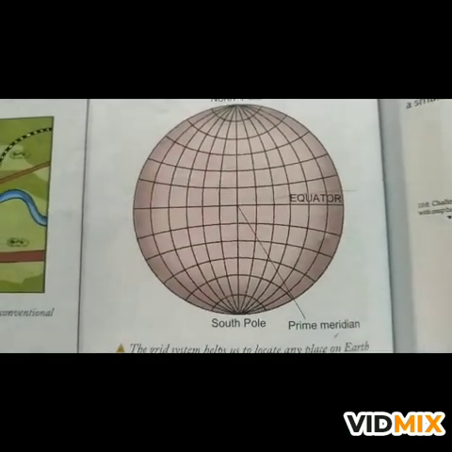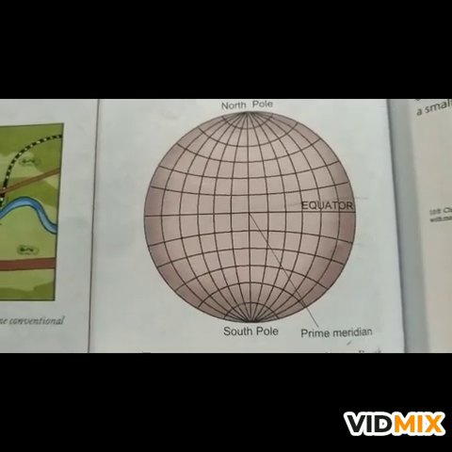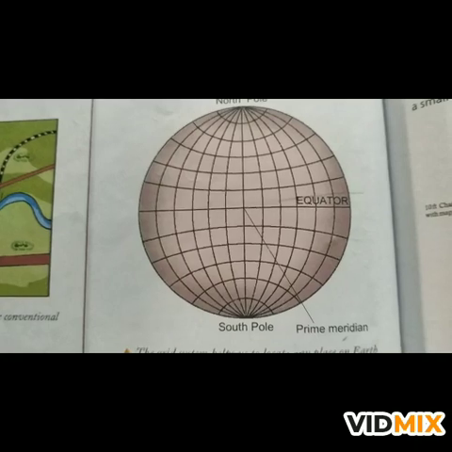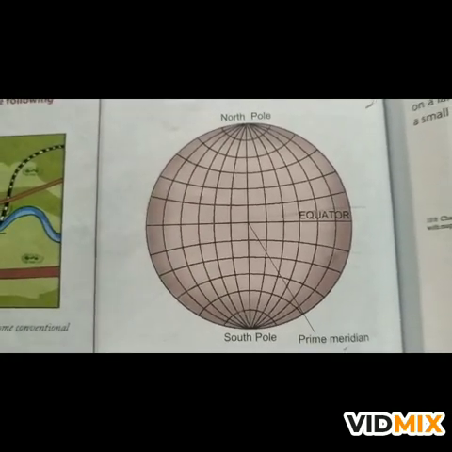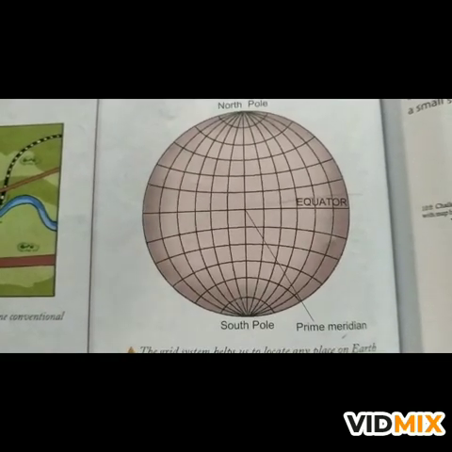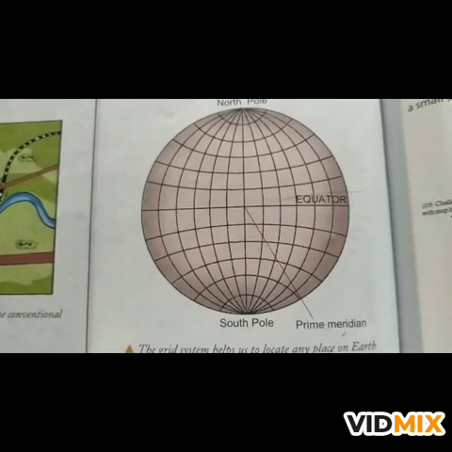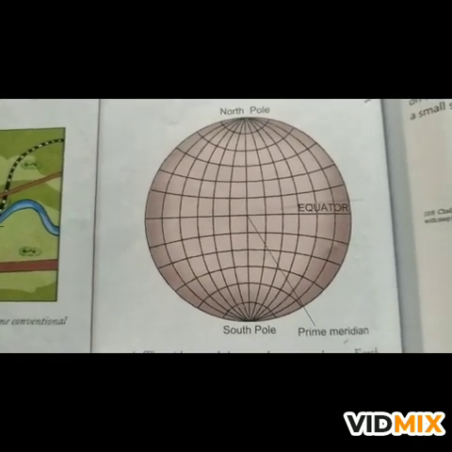Students, here you can see the lines running in the north-south directions. These lines are known as the longitudinal lines or the meridians, and the line which is dividing the earth into two equal parts is known as the prime meridian.